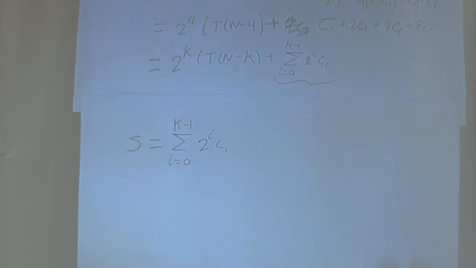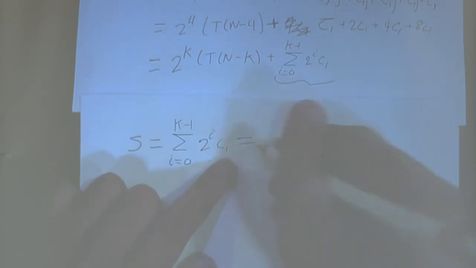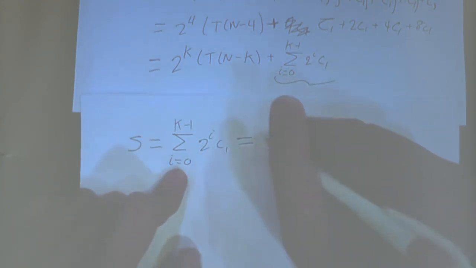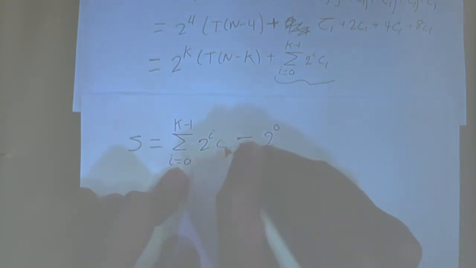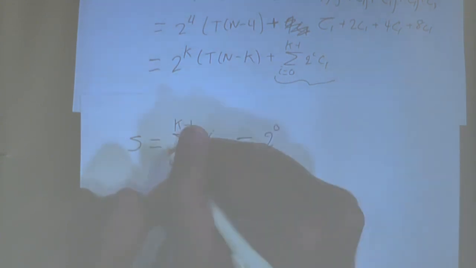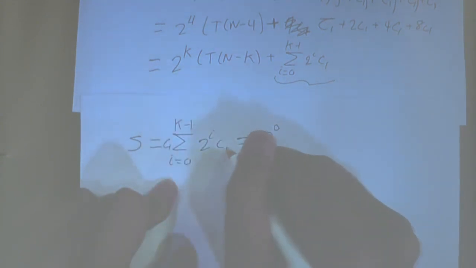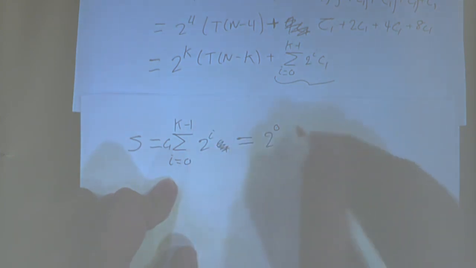And then if we use Doctor Zernetsky's method, where we iterate through i, when i equals 0, it will look like this. And we can factor out C1 to put it here, so that we won't have to write C1 every time.